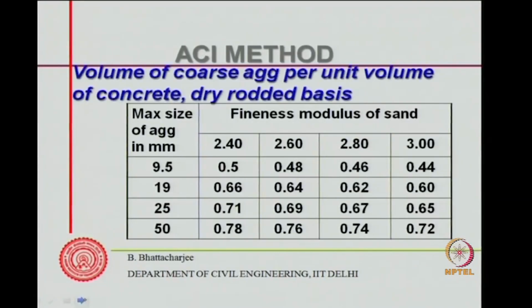If you see, the volume of coarse aggregate per unit volume of concrete on dry rodded basis is given by this table. As the maximum size of aggregate increases, here we have taken 37.5 and 50, and there are larger sizes also available. The fineness modulus of the aggregate increases along this direction, and this is my MSA increasing.